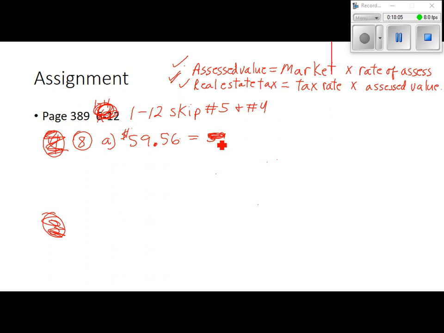So to figure it out, you're just going to divide that by 1,000 to change it into mills and into a decimal form that you can use. You're still just going to bump the decimal over 3 places, so it's 0.05956. So that's our mills, that's our tax rate.